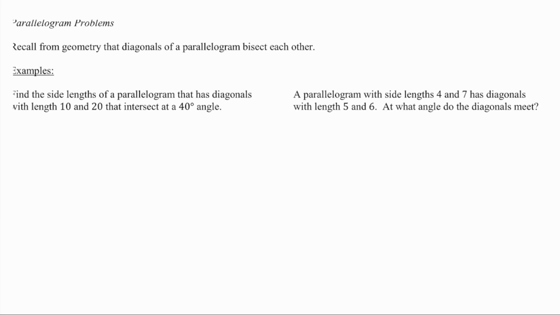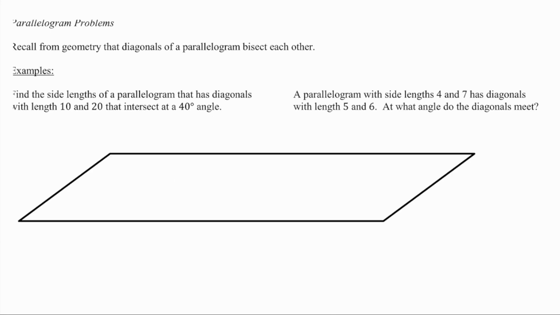Okay, so I just had better draw myself a parallelogram. The safest way would probably be to just have two of the sides be horizontal. Okay, that's a decent parallelogram. Gonna be good enough. Okay, diagonals with length 10 and 20. If one of the diagonals is gonna be twice as long as the other one, it's gonna have to be way more laid out than that. I'm gonna draw an actual parallelogram.